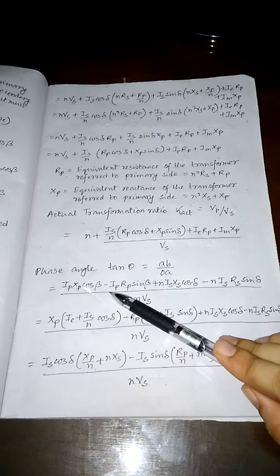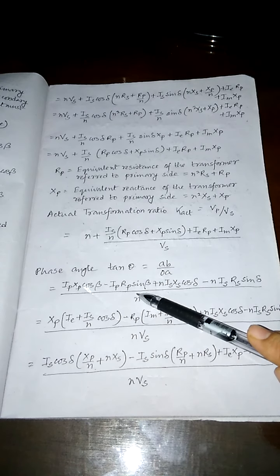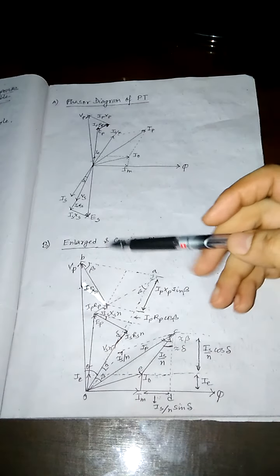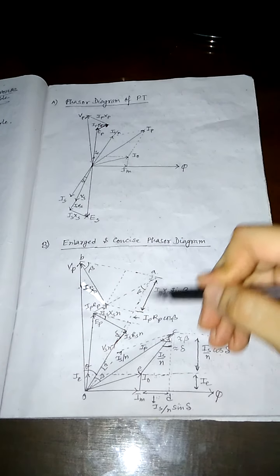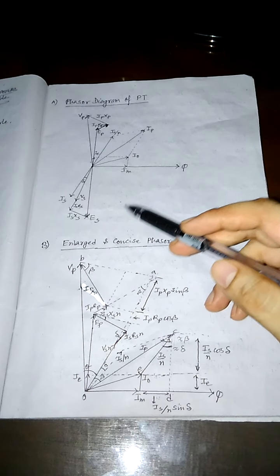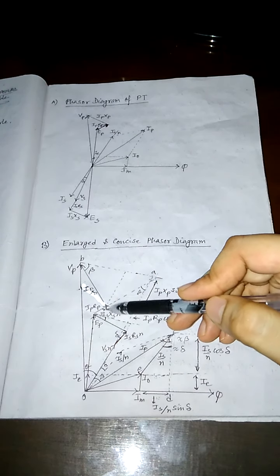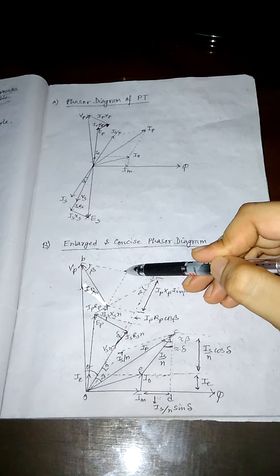So the first term is IP XP cos beta minus IP RP sin beta. See, this is the term IP XP, and this is the angle beta. So we are considering IP XP cos beta, as this is IP XP and this is beta. Obviously this is the IP XP cos beta.